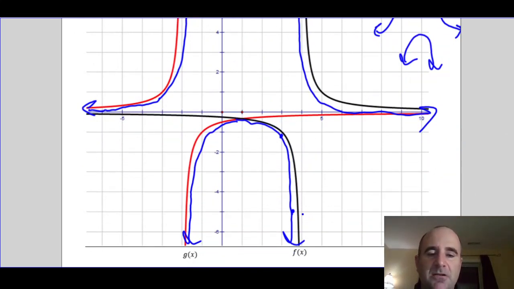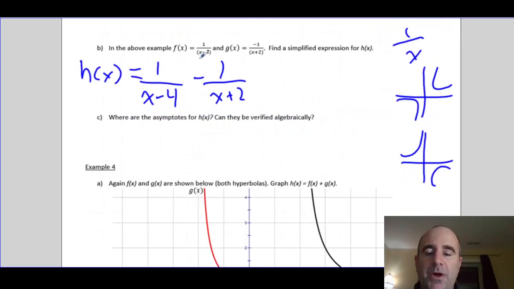We added them together and we get 1 over x minus 4 plus -1 over x plus 2. So we can actually simplify that.